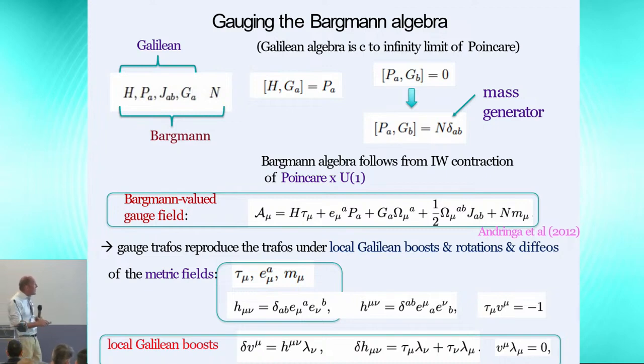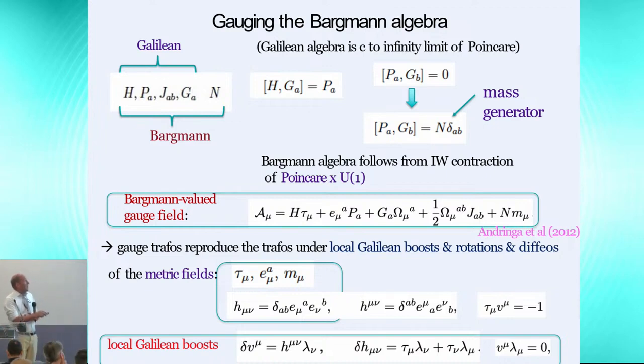The connections are then dependent, and the independent fields are a time-like Vielbein, a space-like Vielbein, and a U(1) gauge field that's dual to this mass generator.